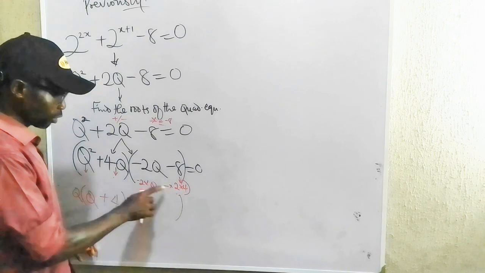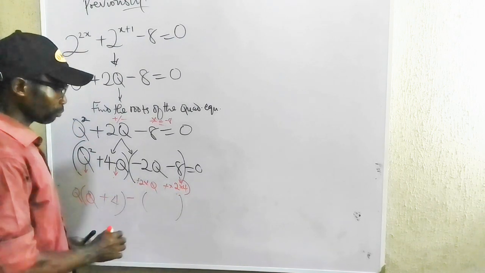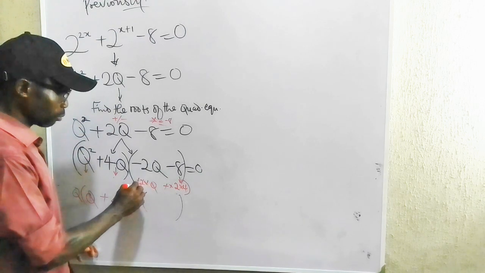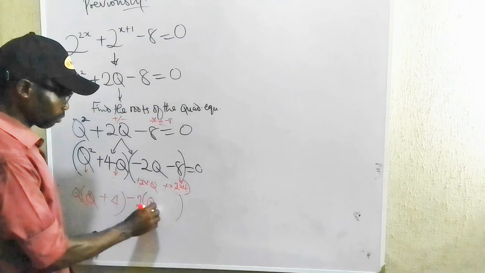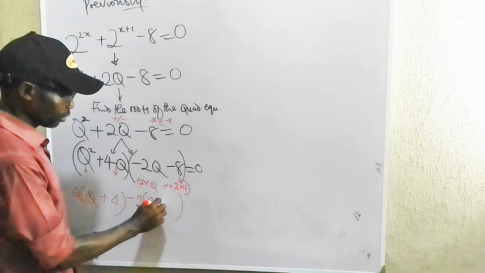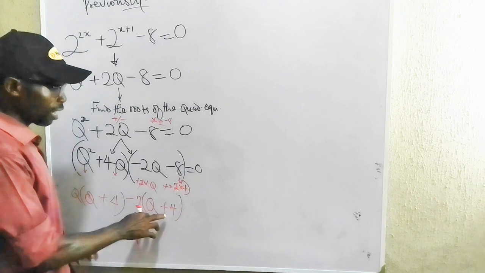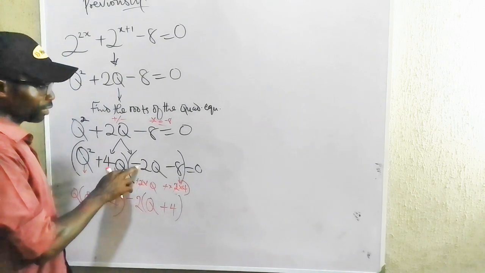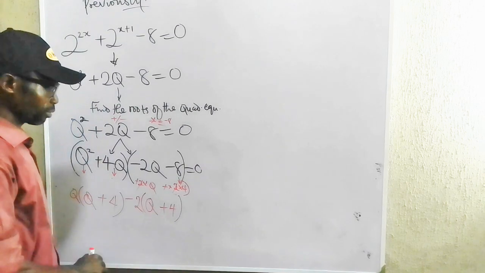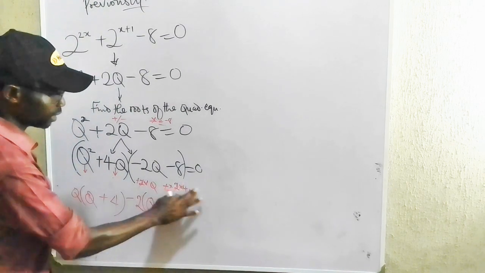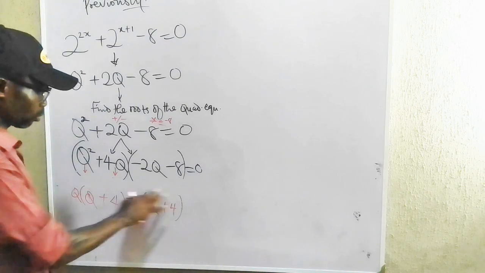We have minus here, we have minus here. So minus, take away minus, we have 1 already. Then 2 here is 2 here, so they both bring themselves out. So what remains here is q, and what remains here is plus, and what remains here is 4. Now, how did this become plus? Minus times minus is actually plus. So that's how we have it. We can remove here to make it neater. So this is what we have.